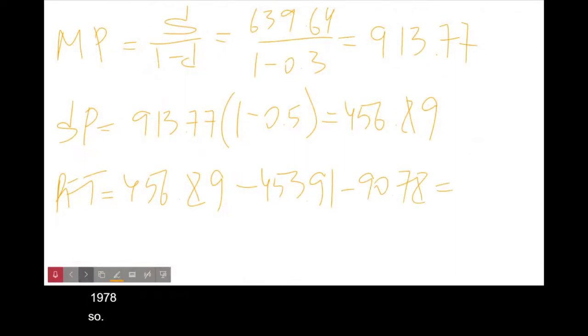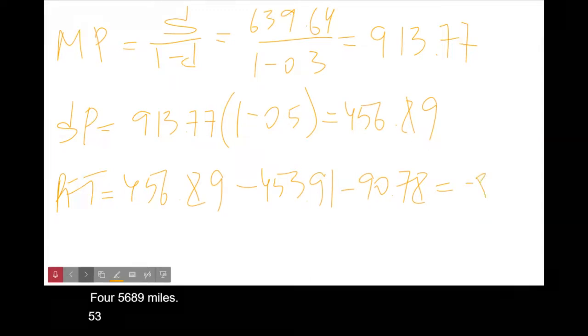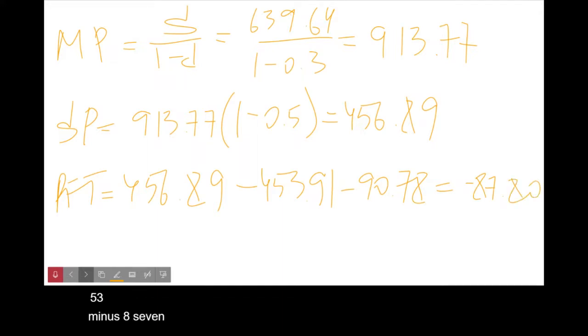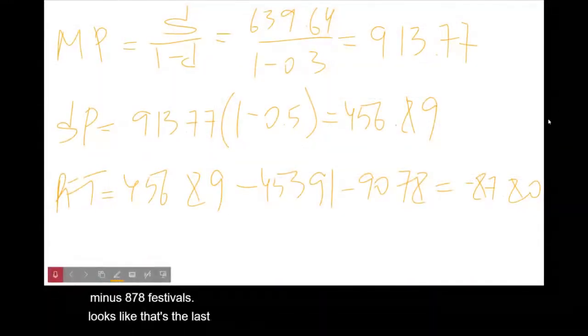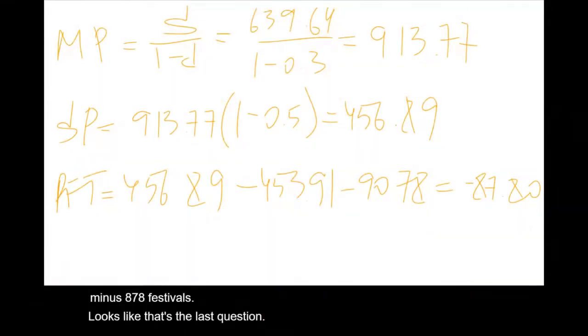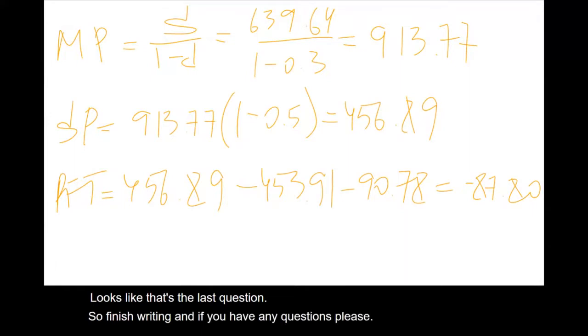So 456.89 minus 453.91 minus 90.78. That's the loss. Okay, looks like that's the last question. So finish writing, and if you have any questions, please ask.